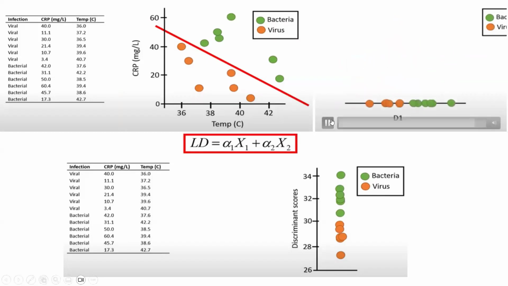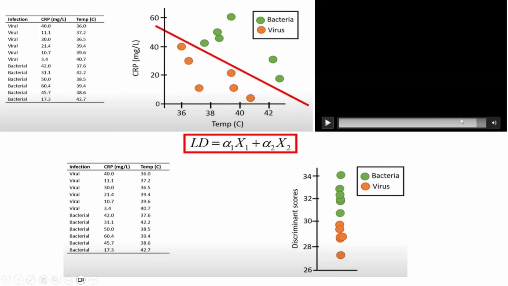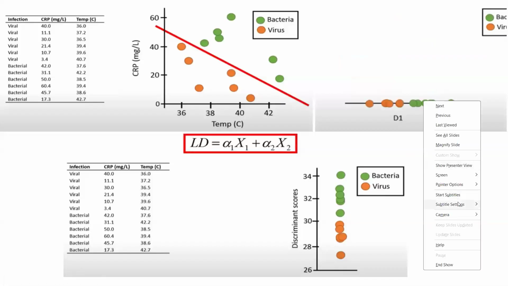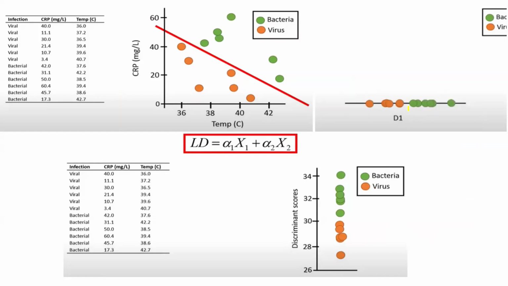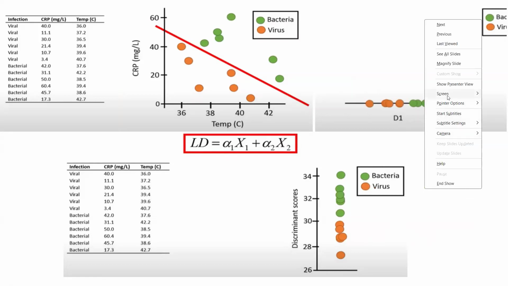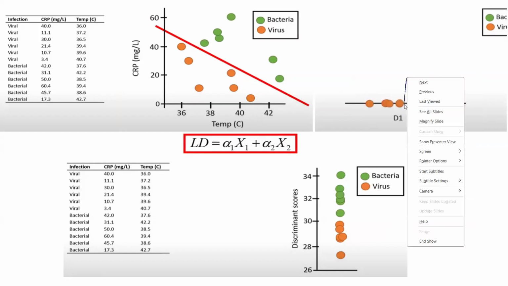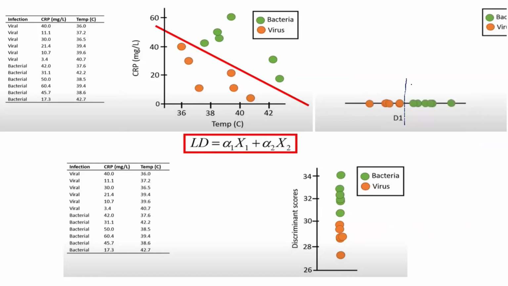Now just project those points onto D1. Once you project those points onto D1, we were able to successfully separate both the classes, or classify both the classes into different categories. Just look at this part. If you look at this particular data, we were able to successfully separate both the points, right?